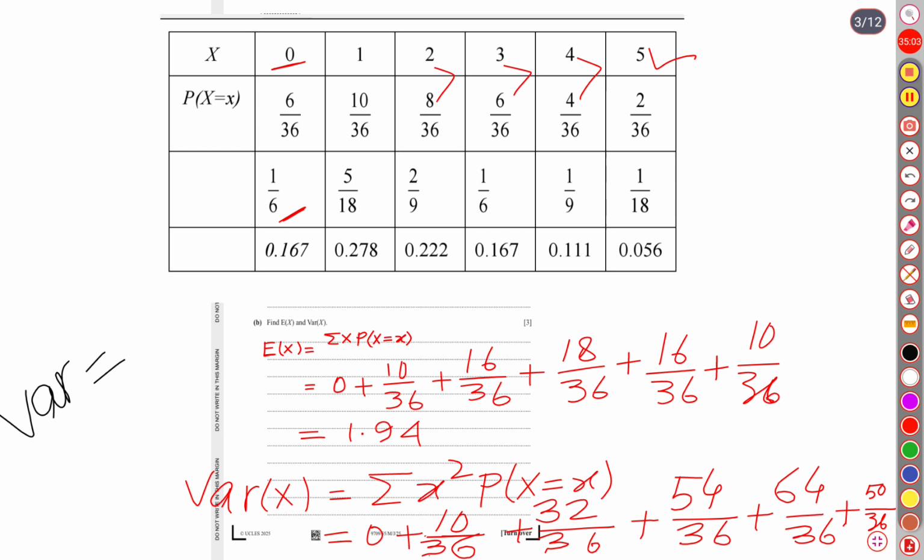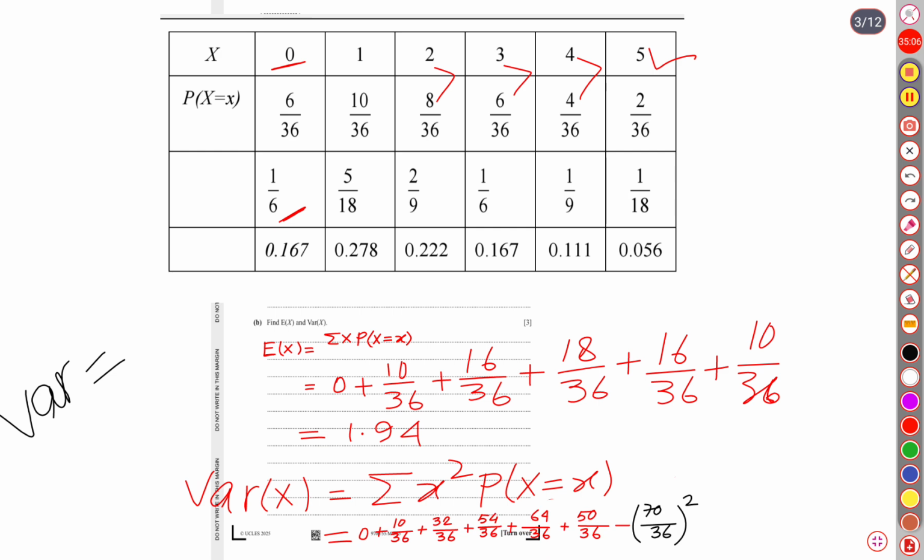Let me rewrite this. There are a total of 6 values. Each X squared is multiplied by its probability, then the mean squared is subtracted. Using the calculator, we find the variance is 2.05.